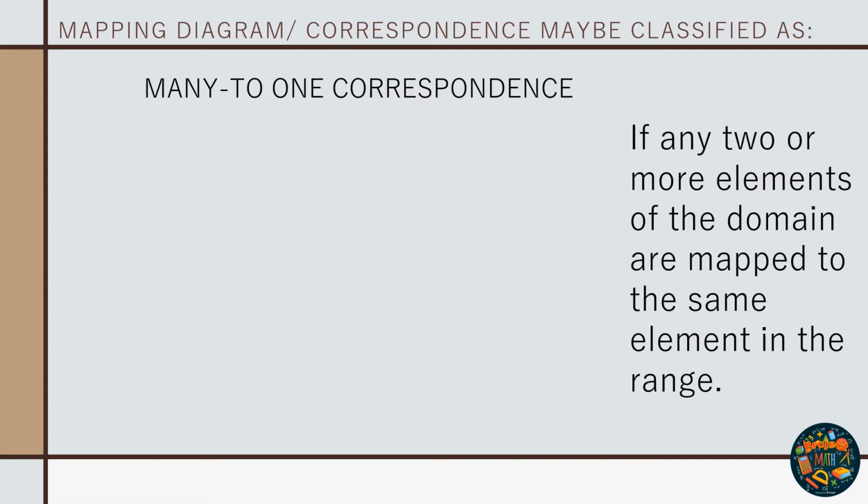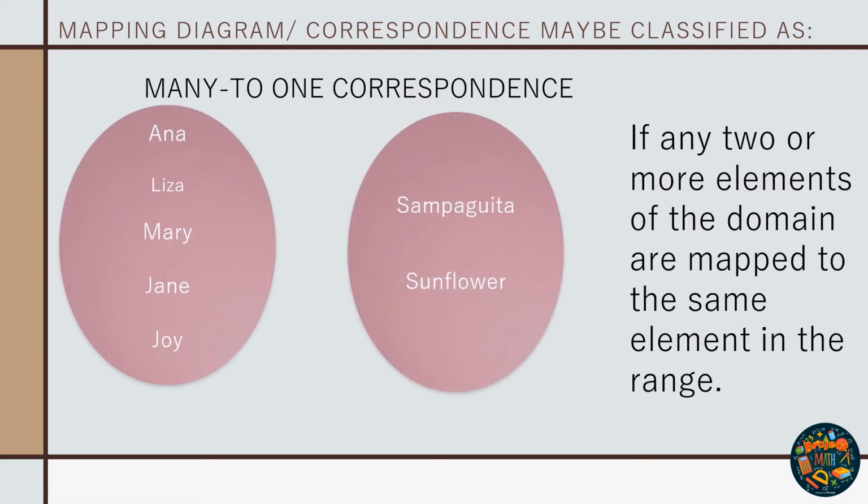The next is many-to-one correspondence. Ano naman ito? If any two or more elements of the domain are mapped to the same element in the range. So, tingnan natin ang ating diagram. On the first diagram, yung abscissa natin are the names of the students. And on the second, on the ordinate, we have the section.